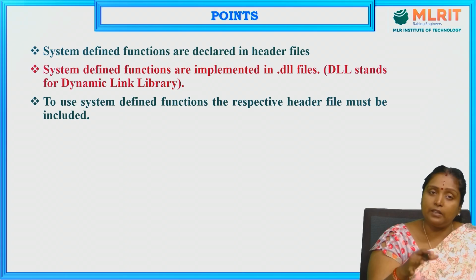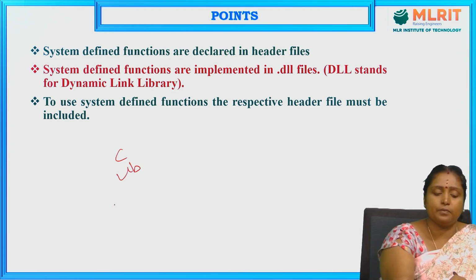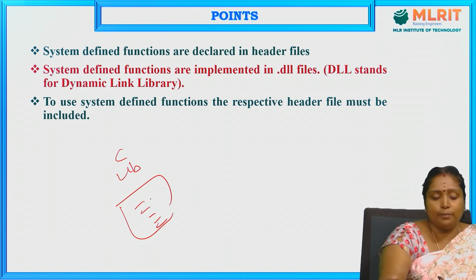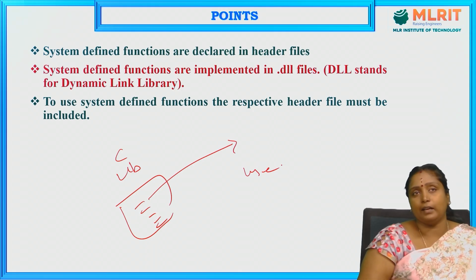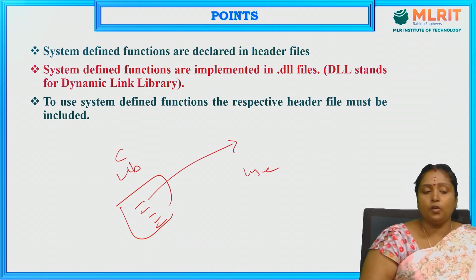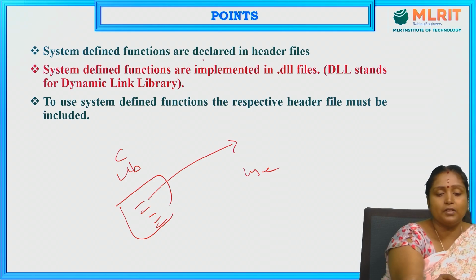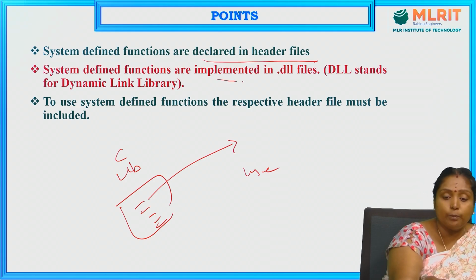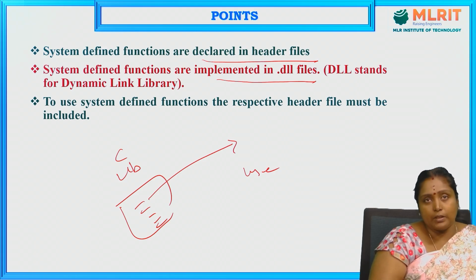Similarly, the predefined functions are already defined in the C library. They already have n number of header files. We include them in our program, and we use them like ready-made dresses. So these are some of the points we need to note. The system defined functions are declared in header files, as I already said, and these are implemented in .dll, the dynamic link library.